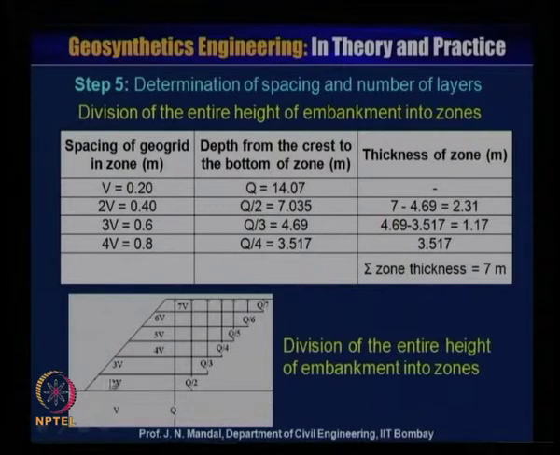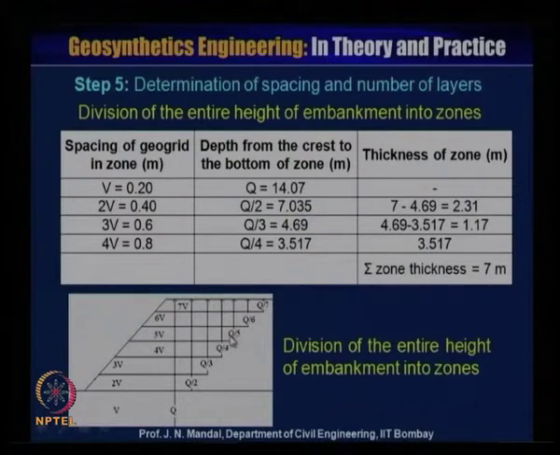So, here you can see the division of the entire height of the embankment into zones. For Q, the spacing constant, the spacing is V. Next, in the zone Q by 2, the spacing is 2V. When this is Q by 3, the spacing is 3V.